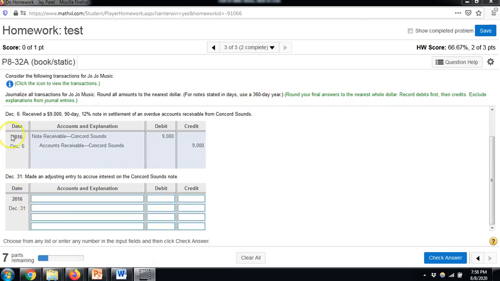So the next question is, how many days has elapsed from December 31st through December 6th? So if you just do a simple subtraction, 31 minus 6 is 25. Since it's in the same month, and again, we do not want to count this day that this note was originated, simply doing the subtraction will give us the correct number.